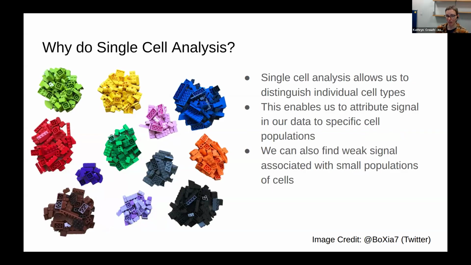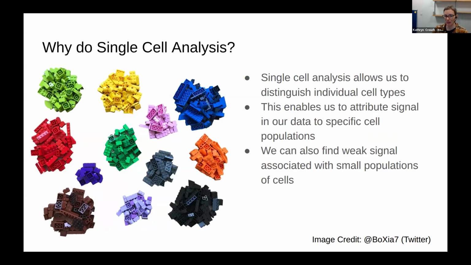And so, for example, that means that in this situation, you wouldn't necessarily lose the signal from this small amount of purple cells. You can see what's different between these light green cells and these dark green cells.